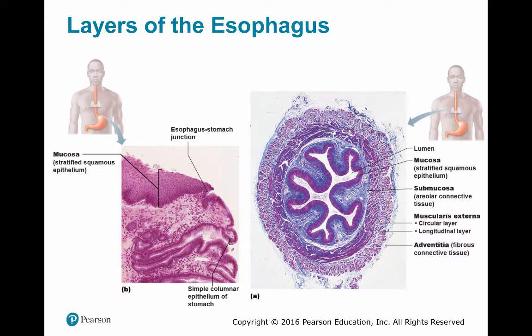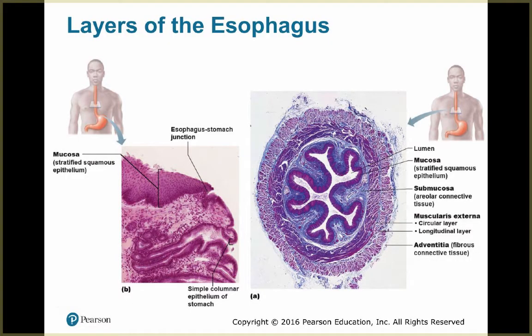So here, let's look at the layers of the esophagus. You can see the lumen in the middle, and then on that interior is the mucosa. Just to let you know, there's stratified squamous epithelium, and it does change once it hits the stomach to simple columnar.